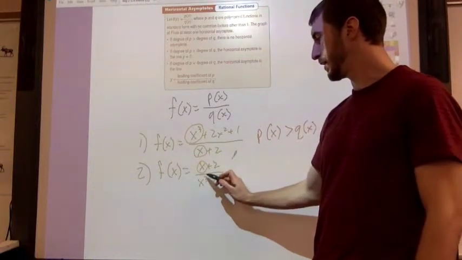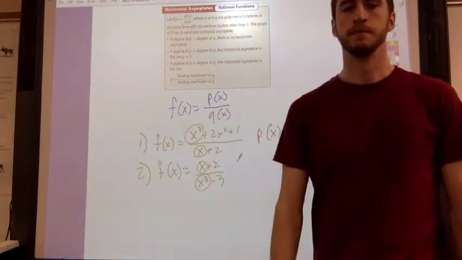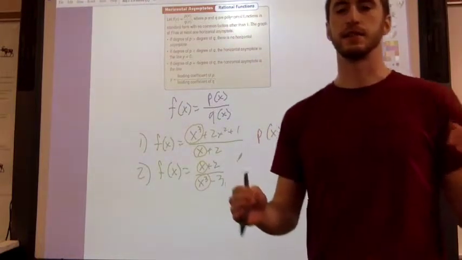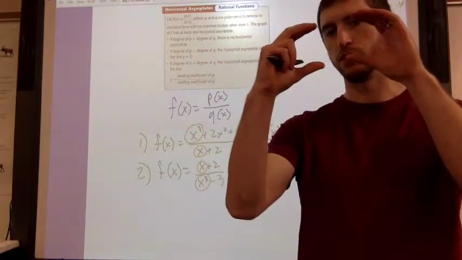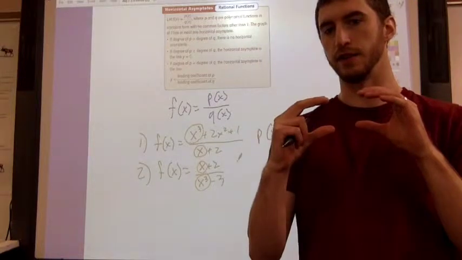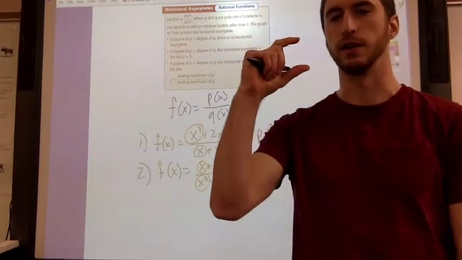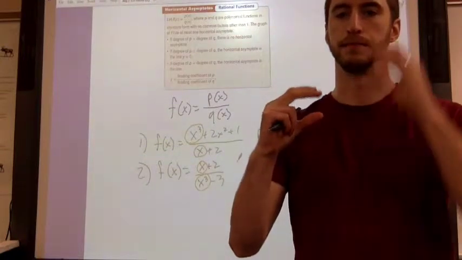And in the denominator, your highest power is going to be this x cubed. Now, in this instance, you have your x in the numerator and your x cubed in the denominator, and so this is saying you've got a smaller figure on top and a much larger figure on bottom.